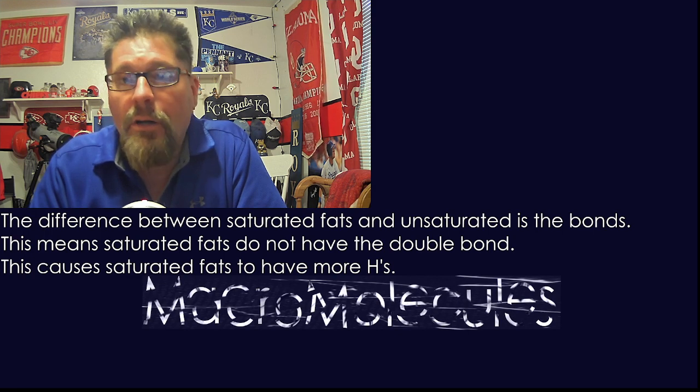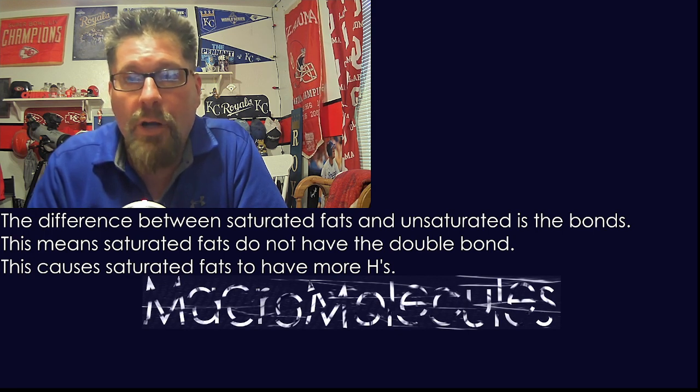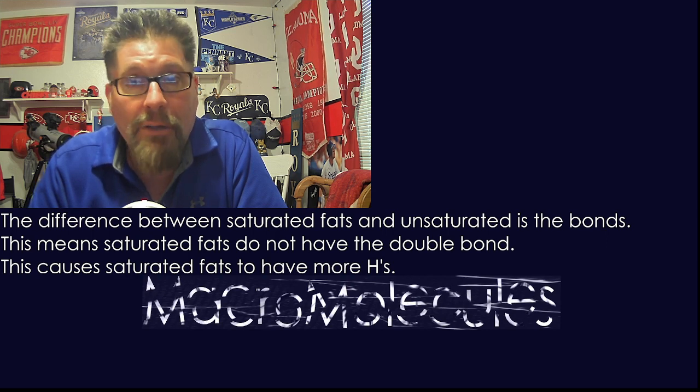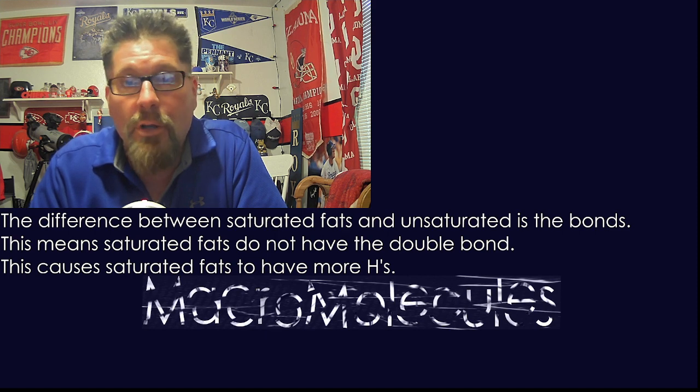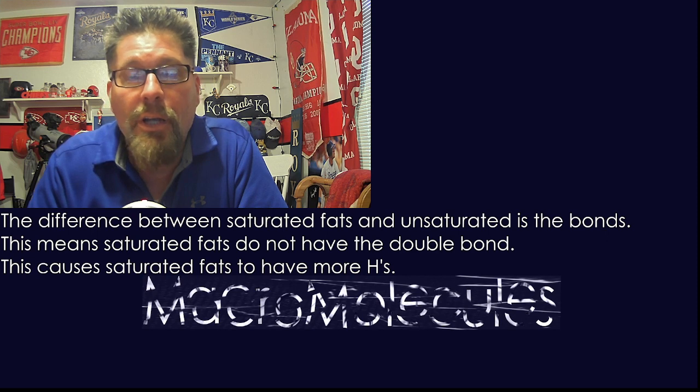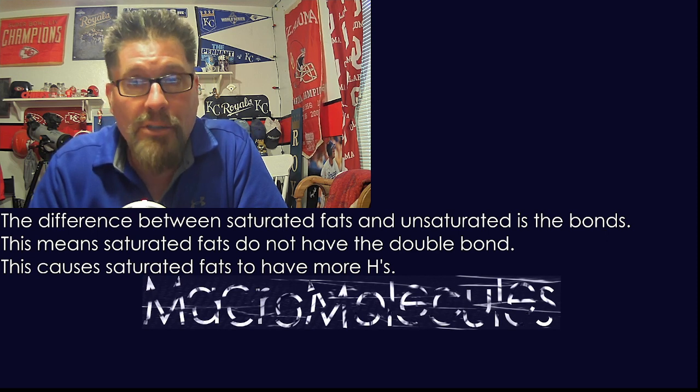As I see there in my second reference point, the saturated not having those double bonds gives them more room for more H's. So the two main differences are that unsaturated has those double bonds in the middle, and saturated has a lot more H's.